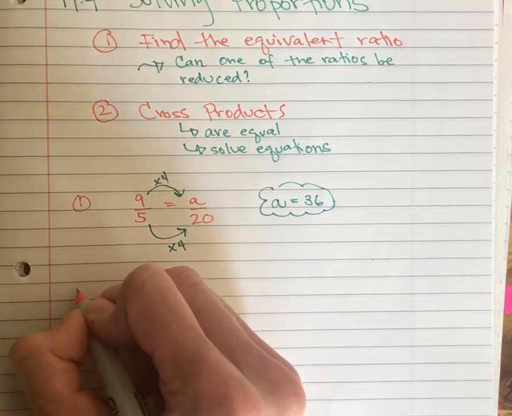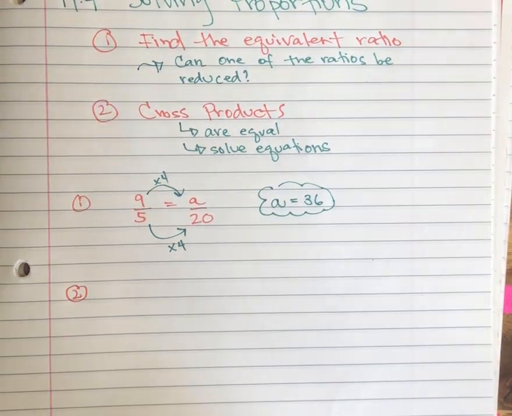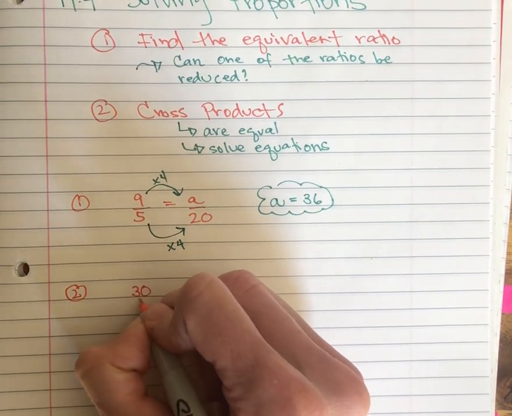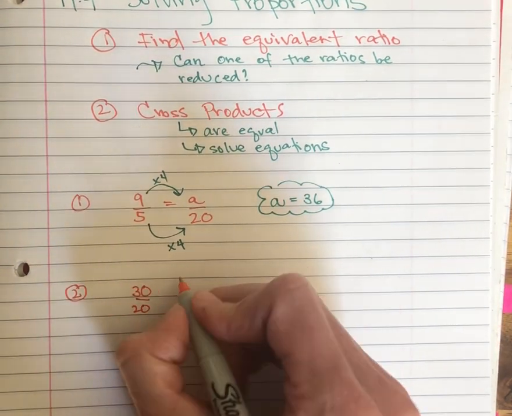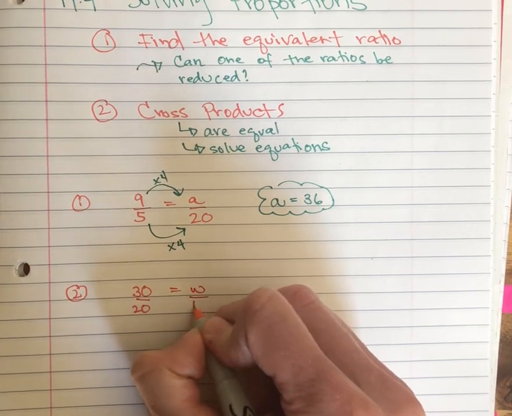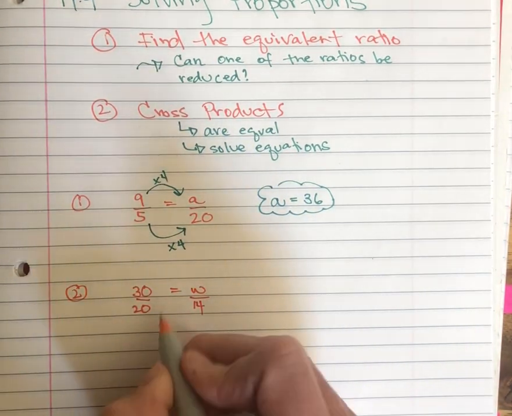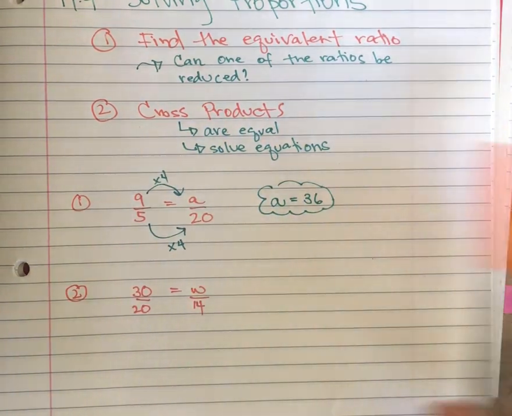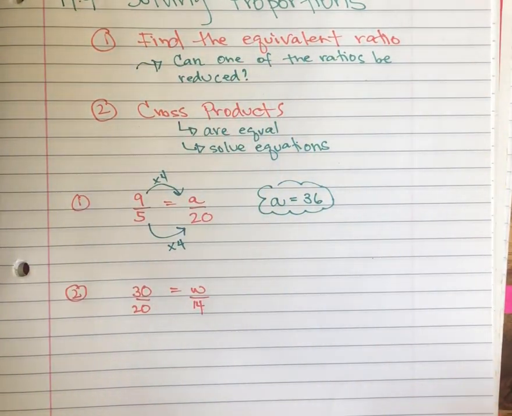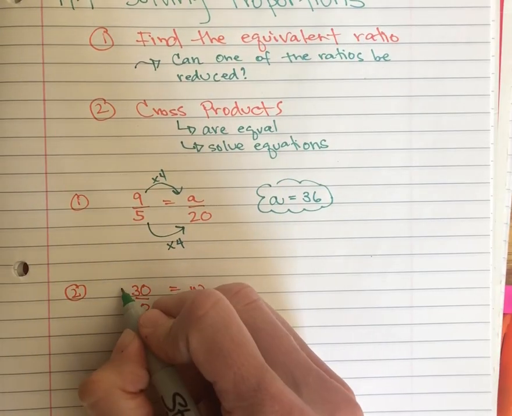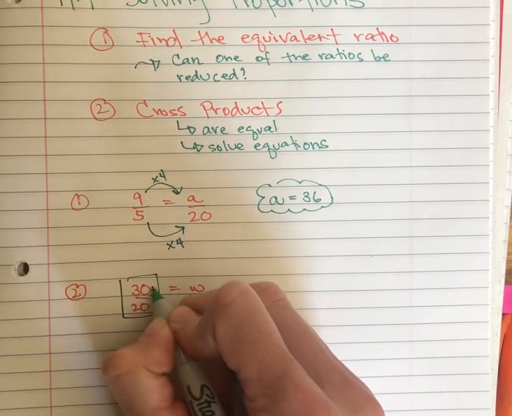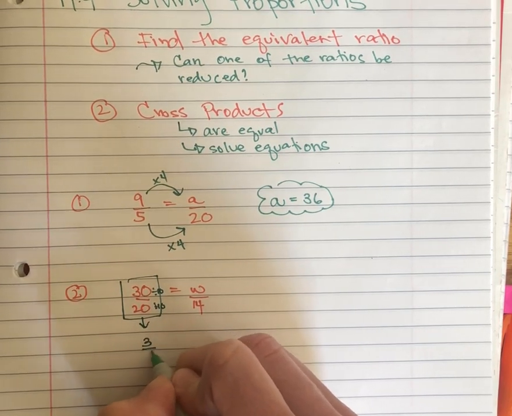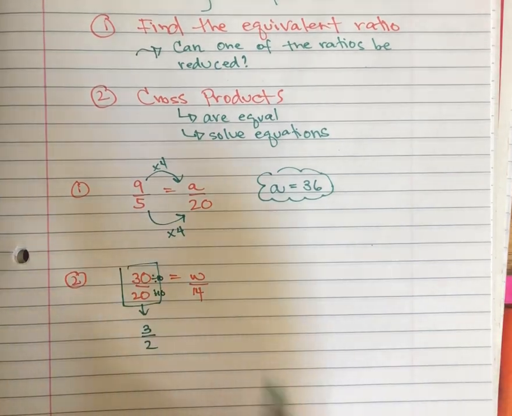Okay, number 2. 30 is to 20 as W is to 14. I don't know how to get from 20 to 14, but what I do want to check is if one of my ratios can be reduced, and it can. 30 and 20 can both be divided by 10, so my equivalent ratio is 3 to 2.